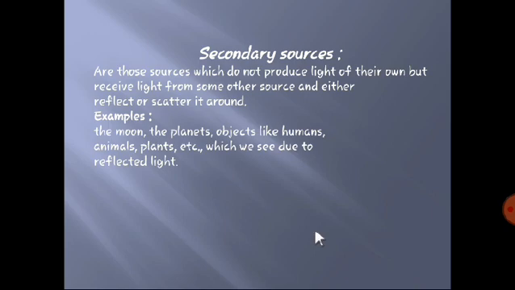What will be the examples? Moon, other planets, and objects like humans, animals, plants, which we see due to reflection, right? Many planets do not have their own light. They get light from the sun itself and then scatter it. So these are the secondary sources of light.